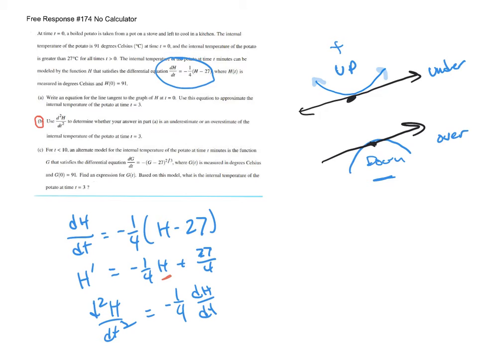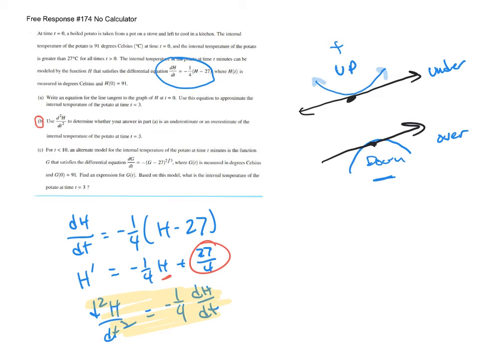And then this derivative here is just 0. So the positive 27 over 4 turns into 0, but our second derivative is defined in terms of the first derivative.